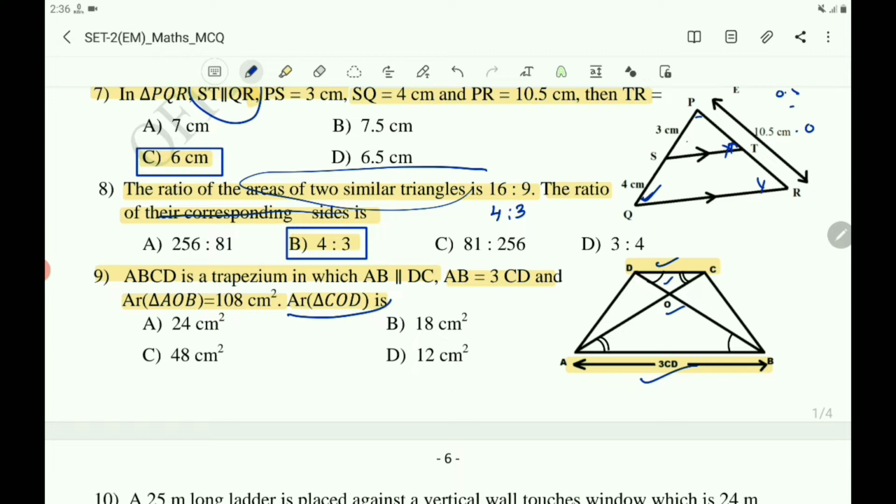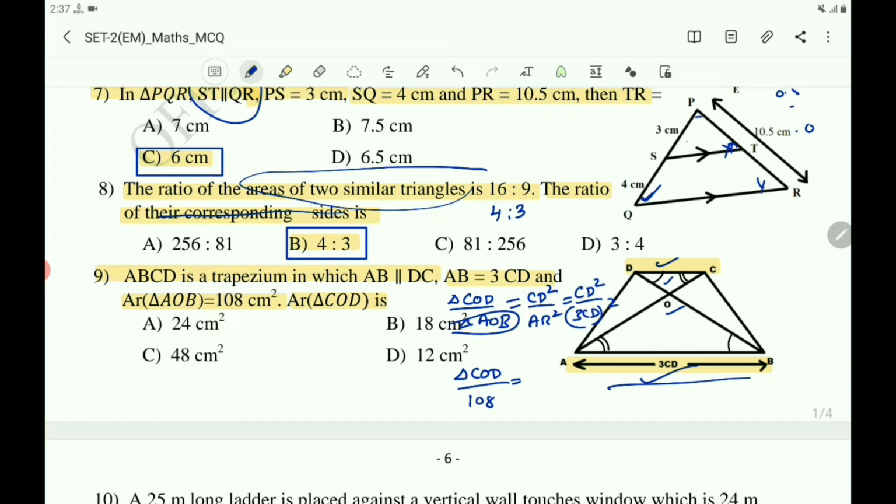So you take area of triangle COD by area of triangle AOB equals CD square by AB square, which equals CD square by 3CD whole square, since AB is 3CD, and the area of triangle AOB is given, that is 108. So you will get CD square by 9CD square, which cancels.